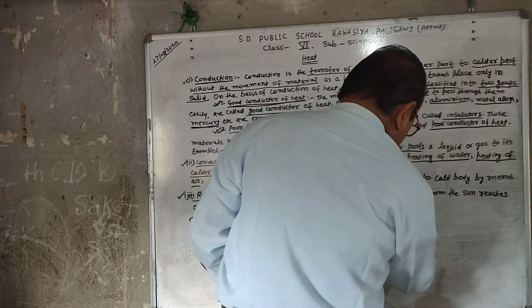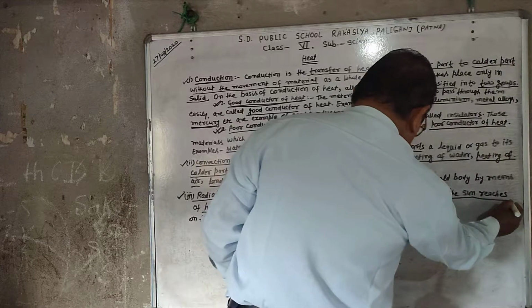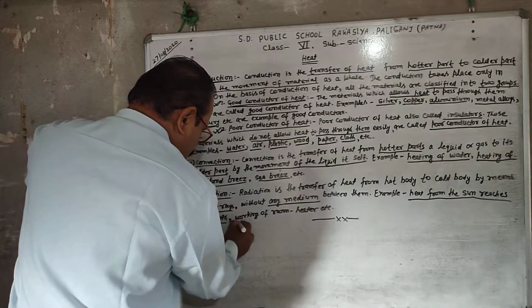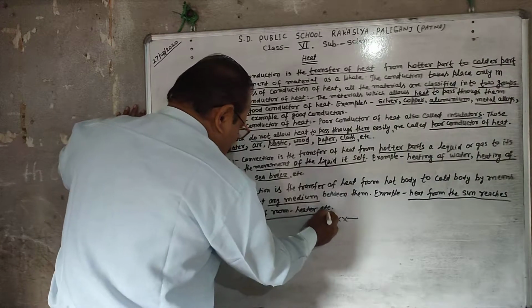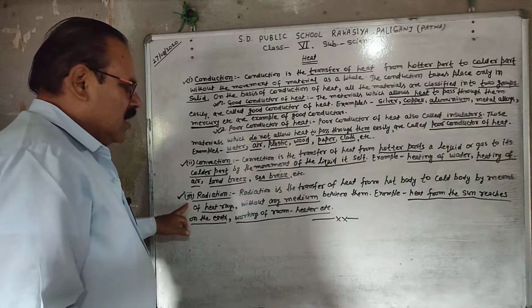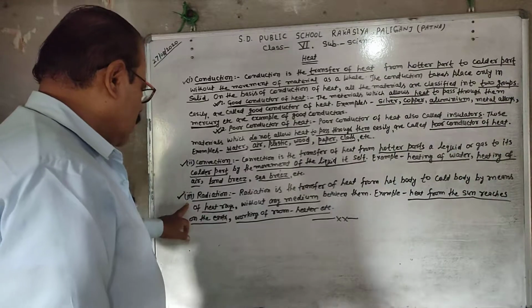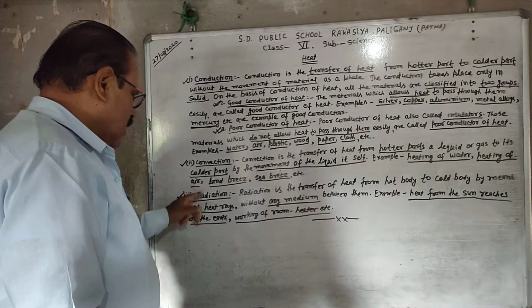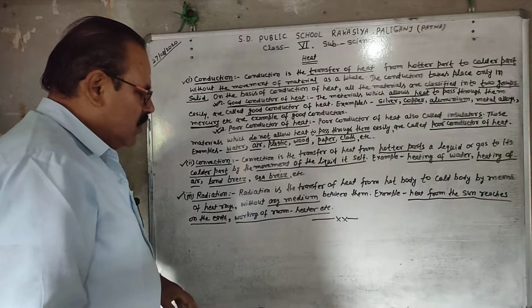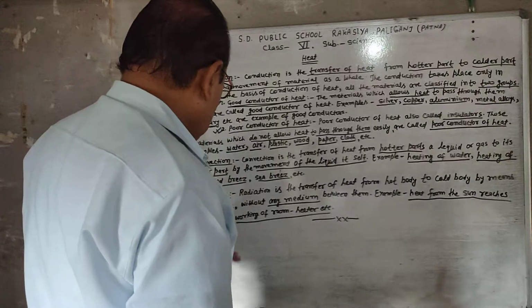Examples: heat from the sun reaching the earth, and the working of a room heater. These are examples of radiation.